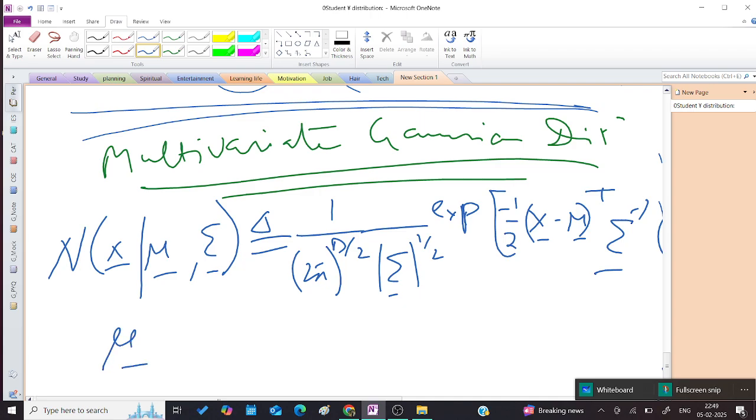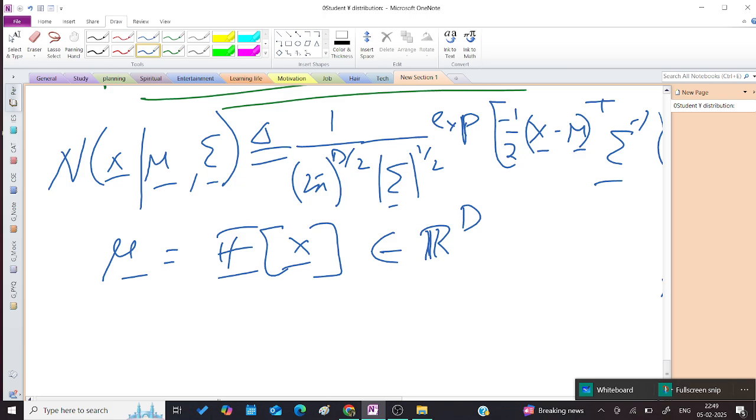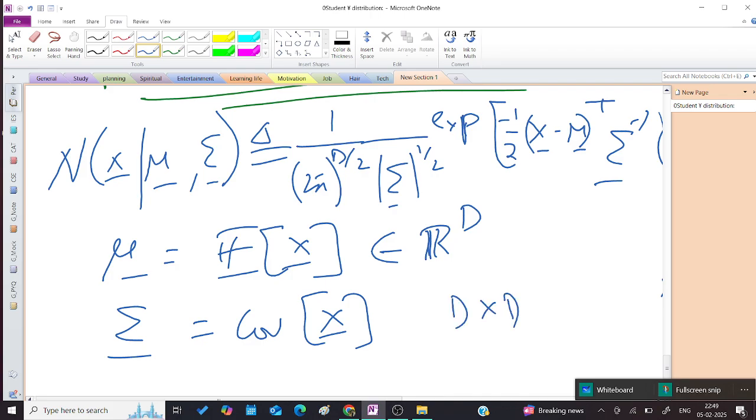Where mu is nothing but the expectation of this vector, which will be a d-dimensional vector, and sigma is nothing but the covariance of vector x, which will be a D cross D matrix.